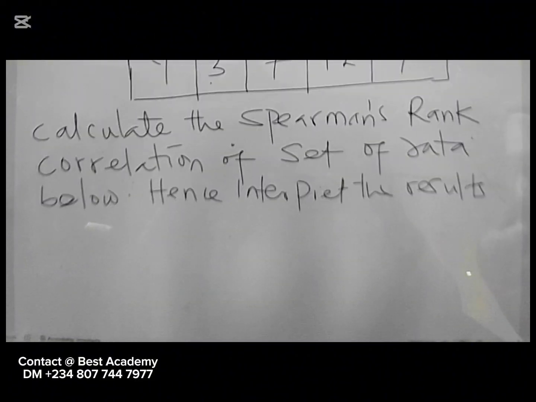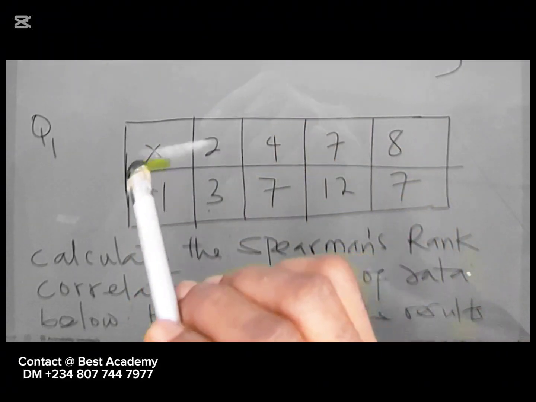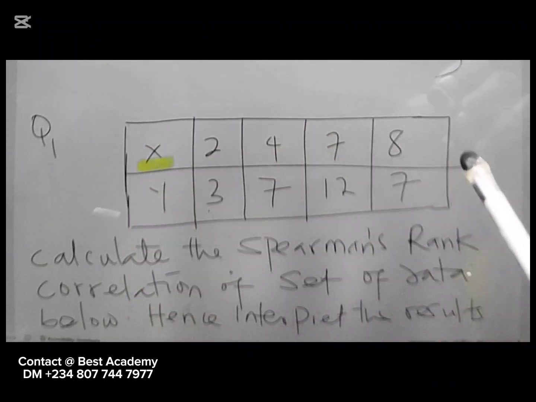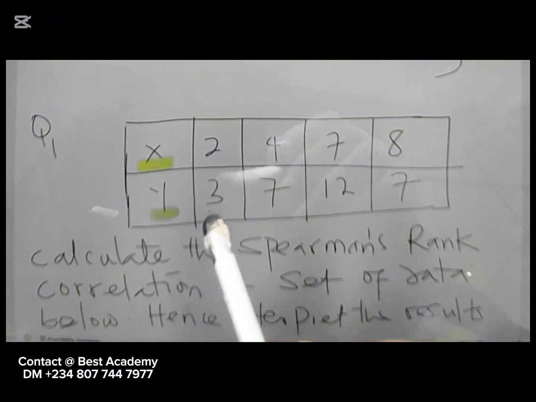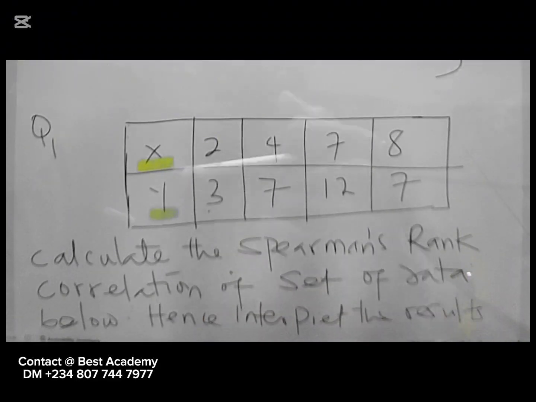But before we solve the question, let's understand this. The values of s are given to us as 2, 4, 7, 8. The values of y are given to us as 3, 7, 12, 7. All right, and we are asked to find the Spearman's rank correlation. Of course, since the method is specified here, we use the method. But I told you that if the method is not specified, we use Pearson product moment correlation.